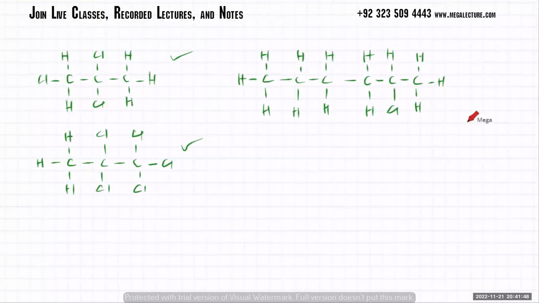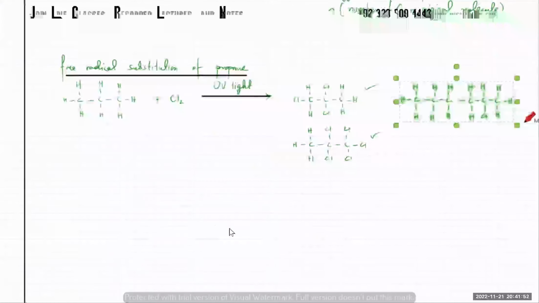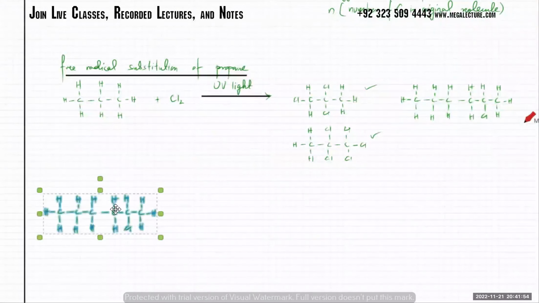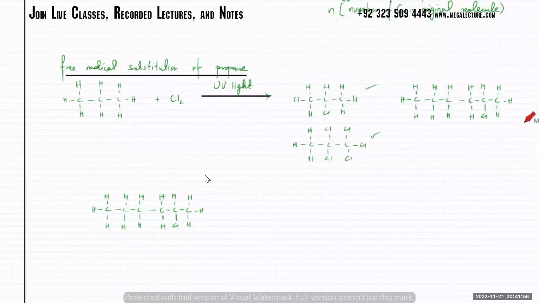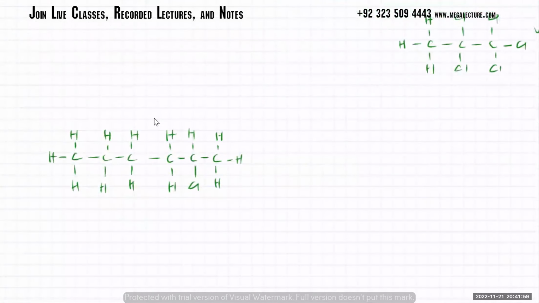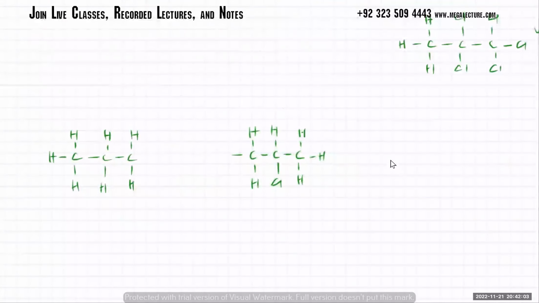If I separate this, that molecule can be formed. How can it be formed? The original molecule, after one or two substitutions, might have formed a radical at its ends. This radical and this radical, so they might have formed a particular radical.